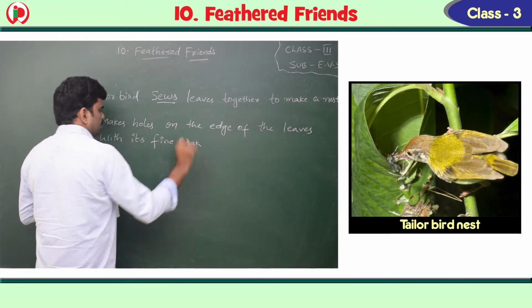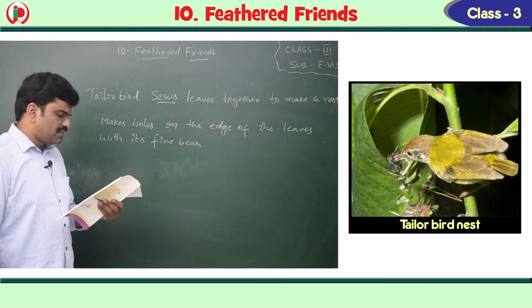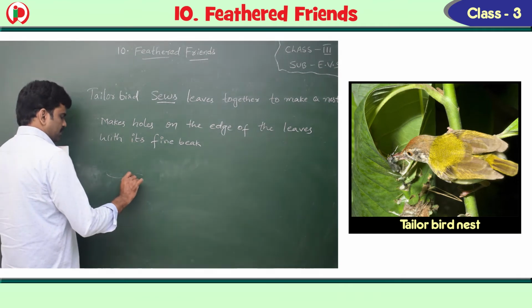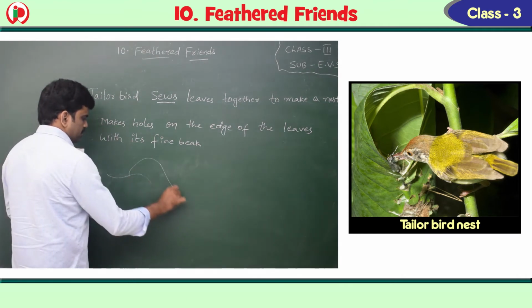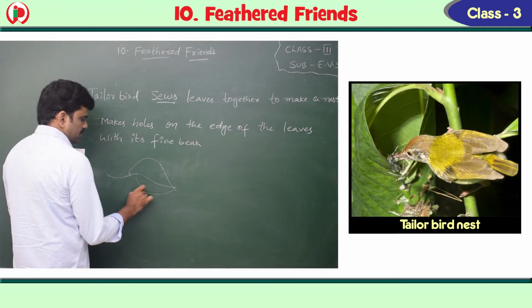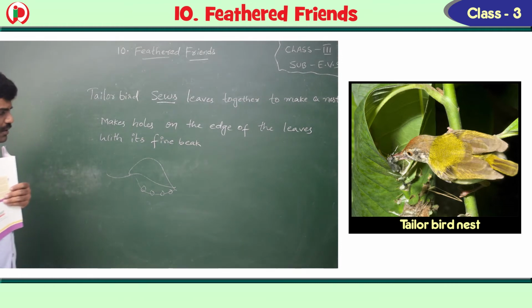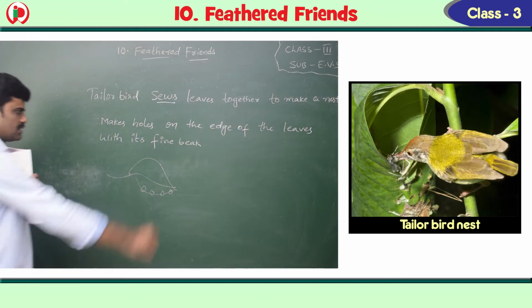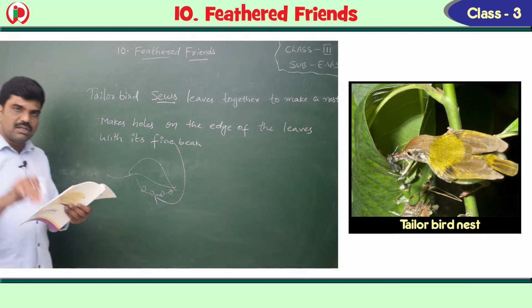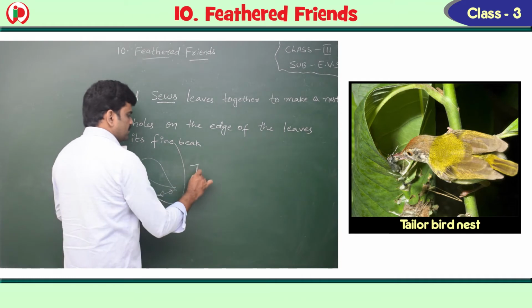First of all, it makes holes on the edge of the leaves with its fine beak, and next it sews them with threads.